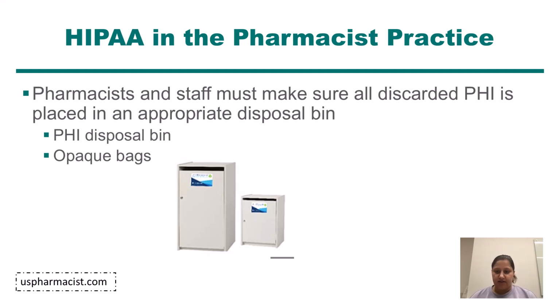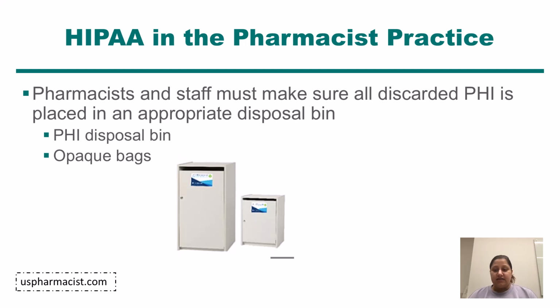As part of the healthcare team, it is important to know what you can do and should be doing to protect your patient's privacy. One way to do this is to make sure that all discarded PHI is disposed of properly. If it has any patient identifiers or anything from that list that we just went over that is considered HIPAA, it should be thrown out in PHI disposal bins like this one.